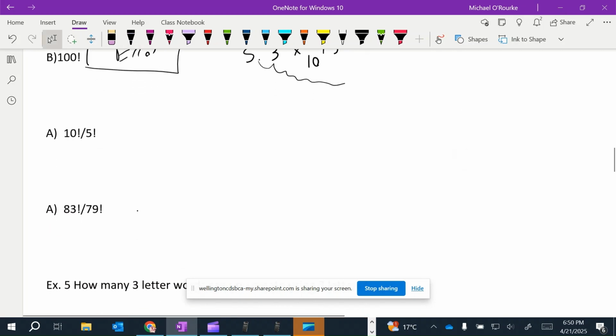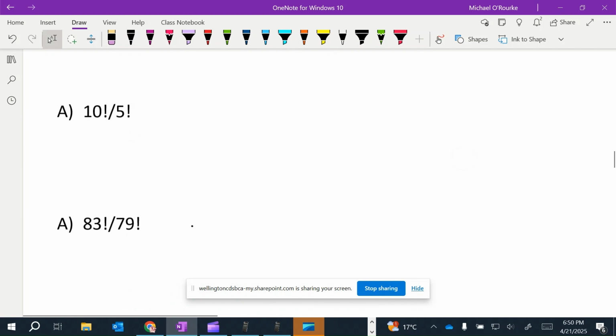Now, what does 10 factorial over 5 factorial mean? So if we write this out, 10 times 9 times 8 times 7 times 6 times 5 times 4 times 3 times 2 times 1, that's this one here.